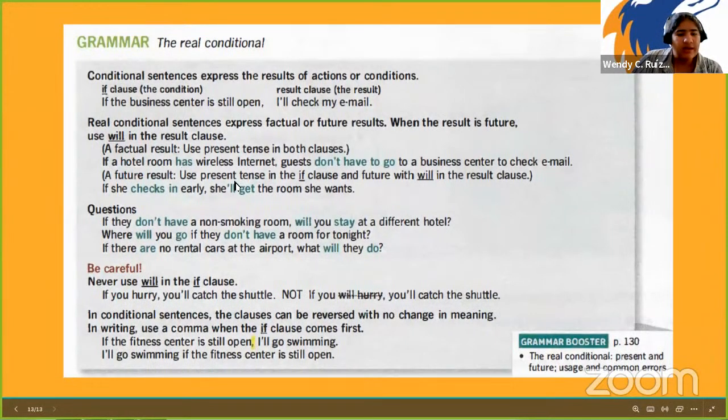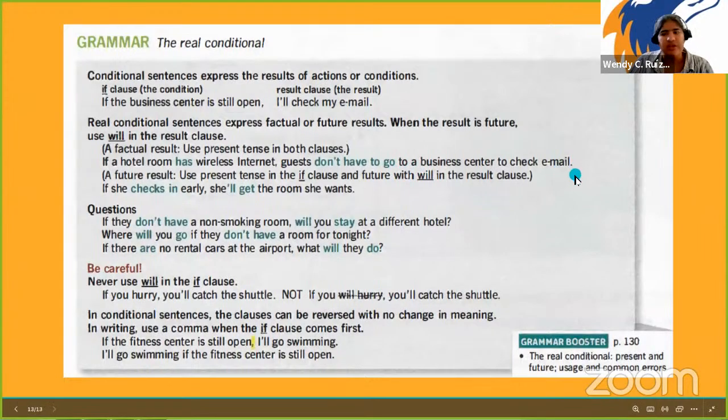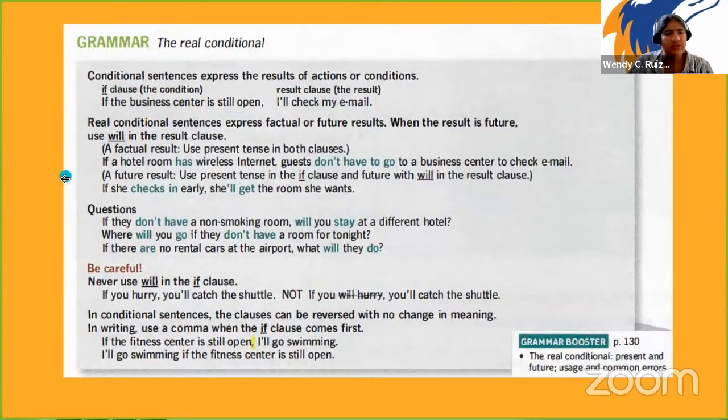If a hotel room has wireless internet, guests don't have to go to a business center to check email. You see, I have a condition here, and then a result here.